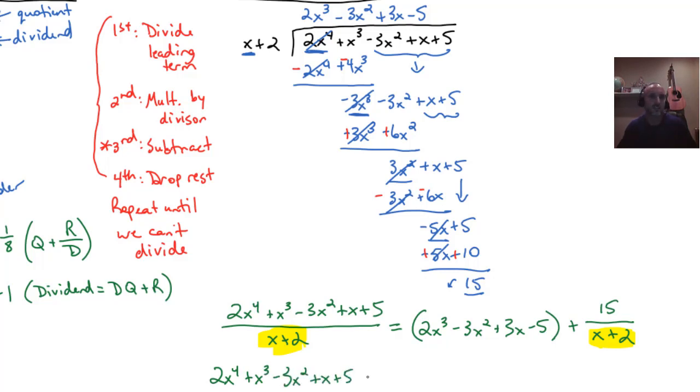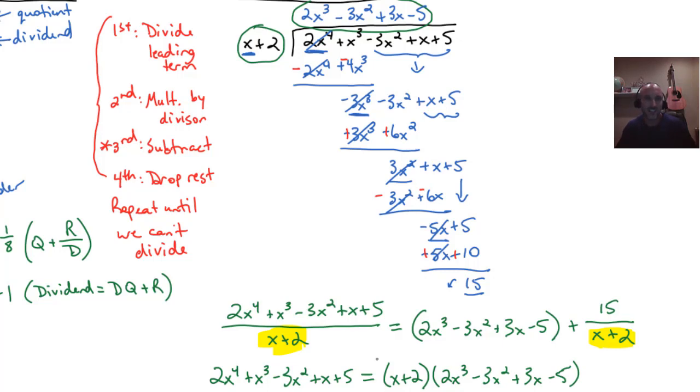Not the fraction, but the dividend itself can be broken down as x plus 2 times this quotient: x plus 2 times 2x cubed minus 3x squared plus 3x minus 5. But it won't give me exactly the dividend if I multiply these together, because I had a remainder of 15. So I just add 15 to both sides. And you can check this out. If you multiply these polynomials together and add 15, you'll get the original dividend back.